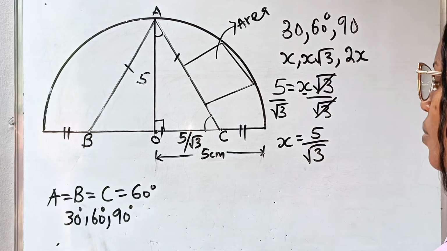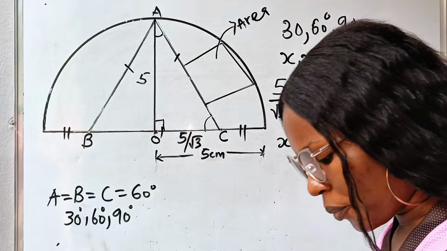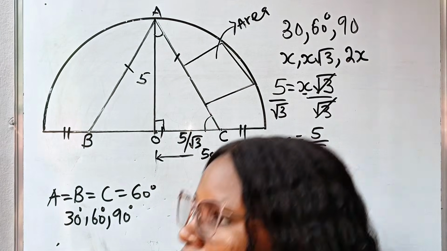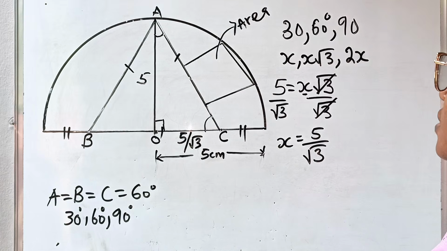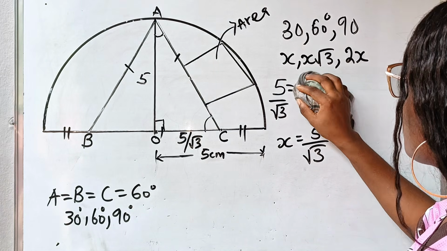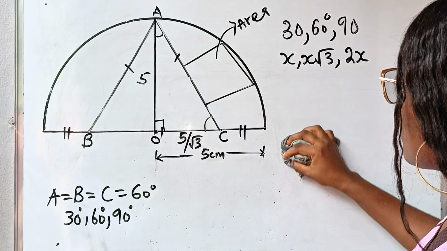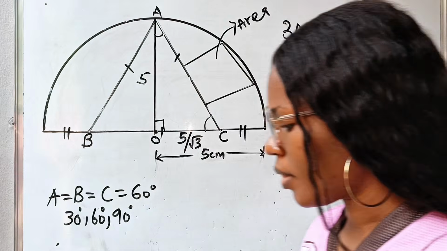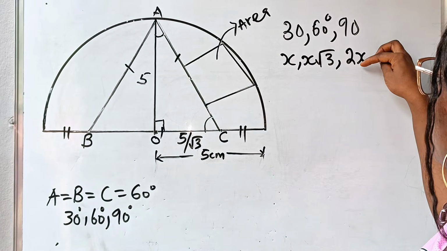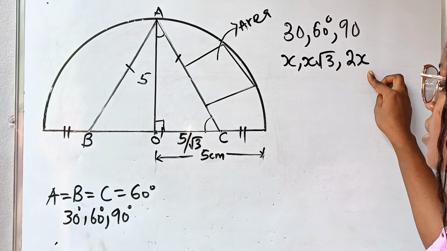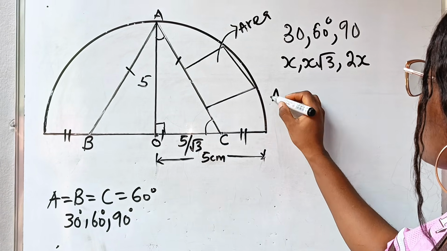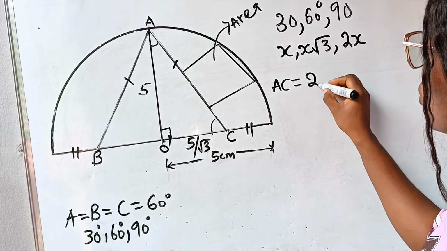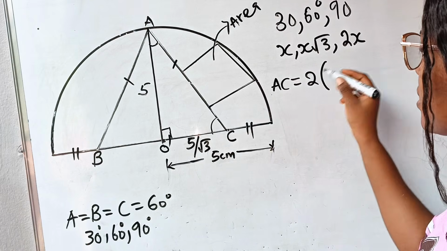Now, similarly, we can also find our hypotenuse, which is the side facing the 90 degrees, since we already have our x. Now remember, the side facing our 90 degrees is 2x. So our AC will be equal to 2 multiplied by our x, which is 5 over root 3.